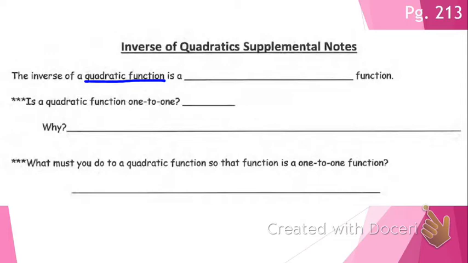What is a quadratic function? If I were to graph a quadratic function, what shape would it make? A parabola. How can I tell from looking at an equation if something is a quadratic function?